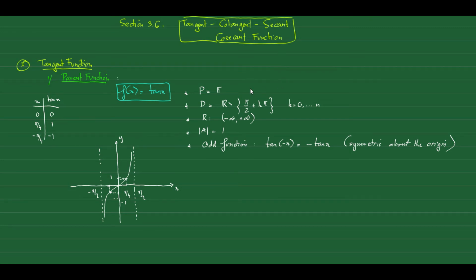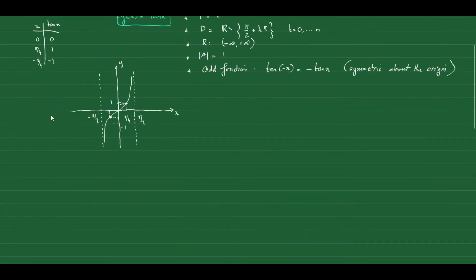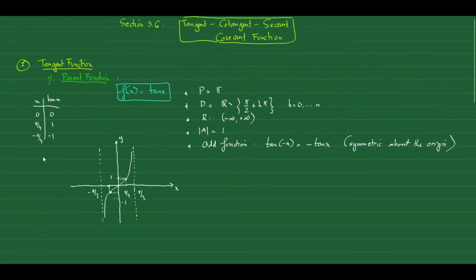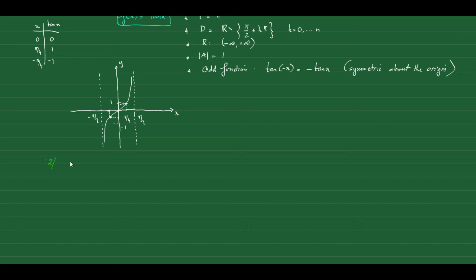Okay. Now, what if we want to apply a transformation to that? So this is the transformation form. If we have a transformation form, we can have a function like this: f of x equals a tangent of bx plus c, plus k.